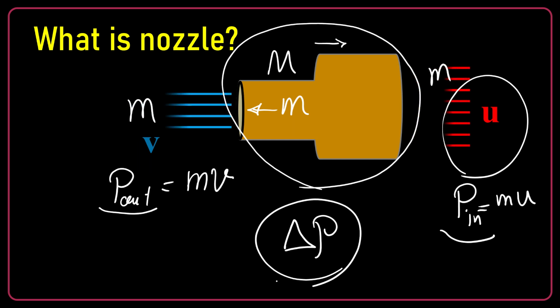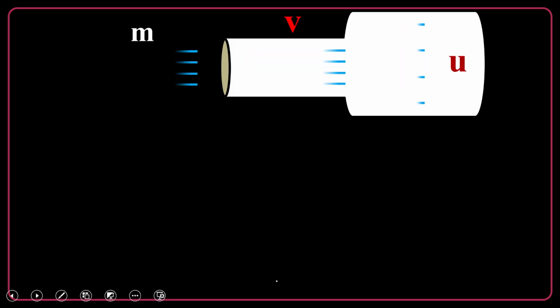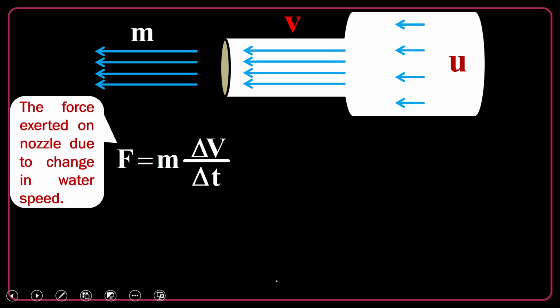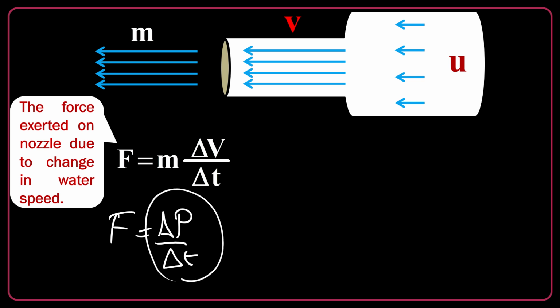So let's consider the nozzle from scratch again and find the equations. Here I have F, which is delta P over delta T. Delta P over delta T is the rate of change of momentum of the water at the time of delta T inside the hose. And this force is the force generated due to this change of momentum.